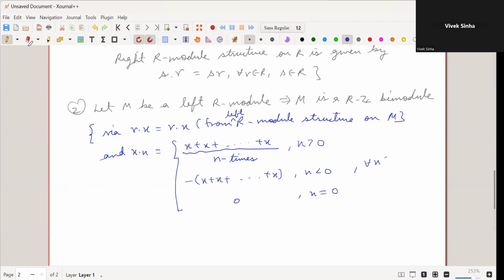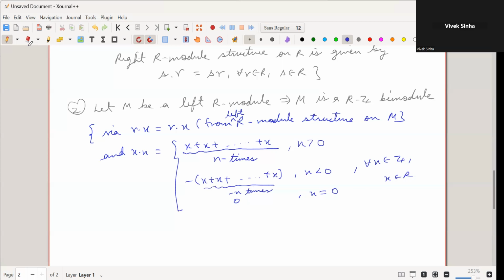This is for all n belongs to Z and x belongs to M. Okay. So n is coming from an integer, so x dot n is just adding x n many times in the module M. It is possible because M is an abelian group with respect to addition, and if n is negative, then you add it minus n many times, which is some positive number, and then you take the minus of it.